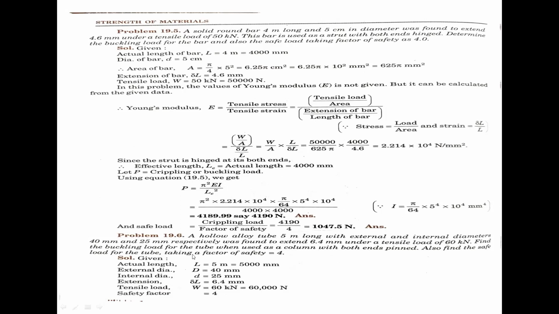Find the buckling load for the tube when used as a column with both ends pinned. Also find the safe load for the tube taking factor of safety equal to 4.